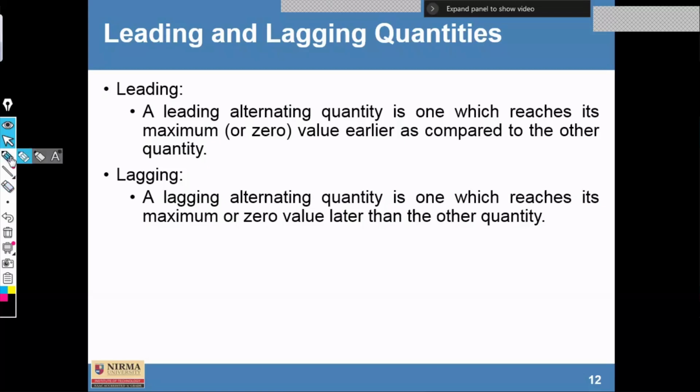Now I will draw one graph. All of you will write three different equations using these waveforms.